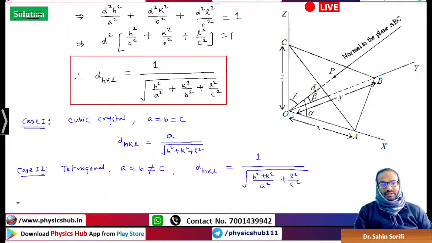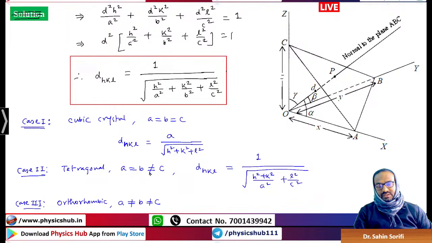Okay, let's take another case, case 3, orthorhombic. What is the criterion? a not equal to b not equal to c. So you see there is a parent cubic, where all are equal. For tetragonal, one inequality comes. For orthorhombic, none of them are equal.